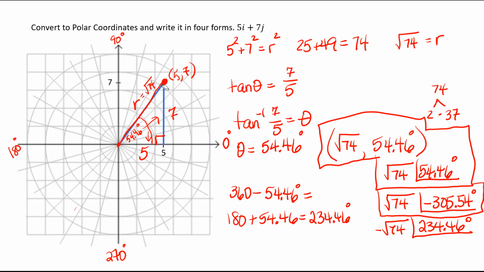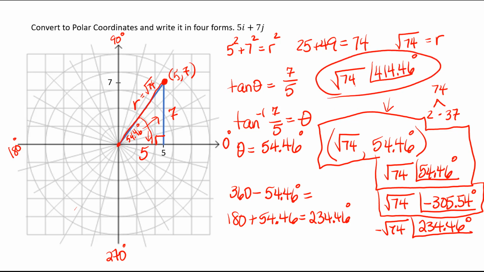So doing that, all you'd have to do would be to go back to your original answer and add 360 to the angle. So square root of 74, 360 plus 54.46 is 414.46. So this would be another way to write it.